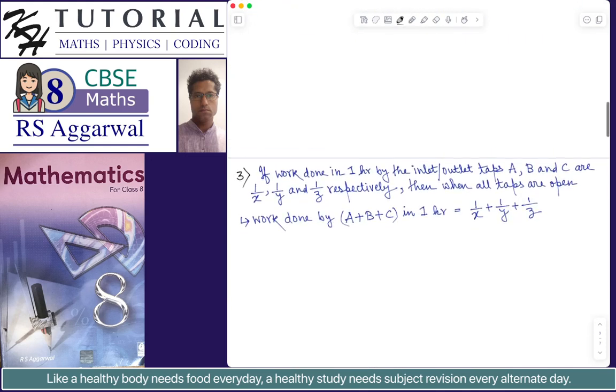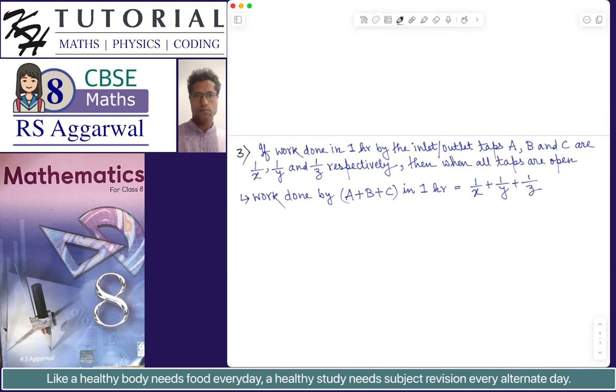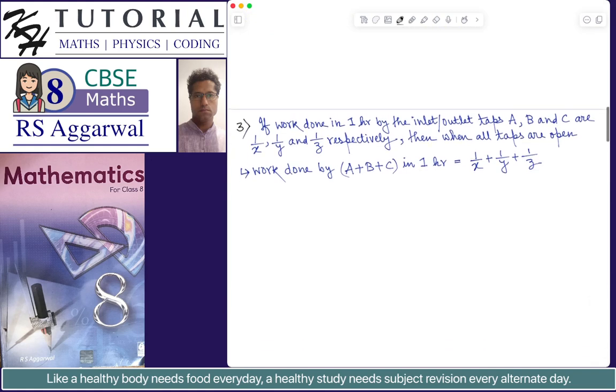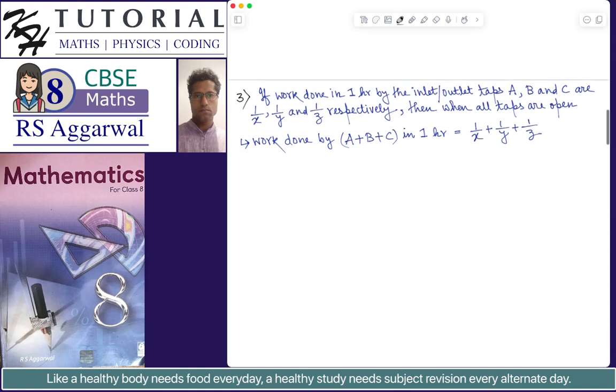Based on rule 1 and 2, I have written down some further results that you must understand to solve problems.